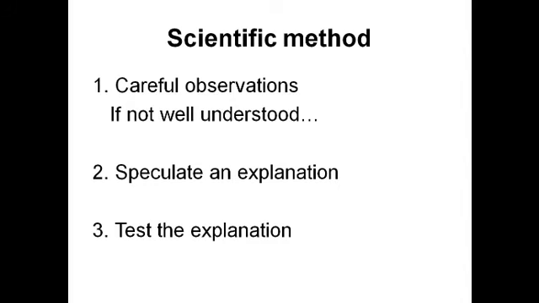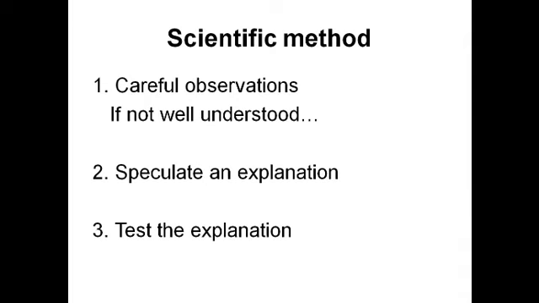When we do science, everything starts with careful observations, and if you understand what is going on, then it's solved. But if you do not understand what is going on, then you will come up with questions, and then, as an owner of a human brain, you will always come up with speculations for this question, right?